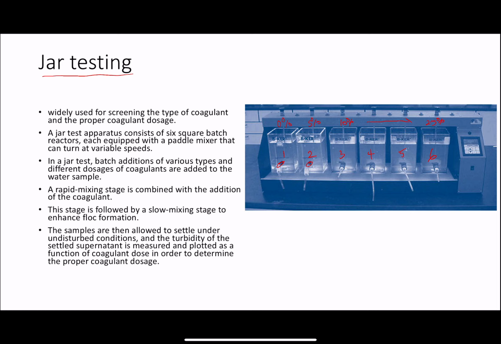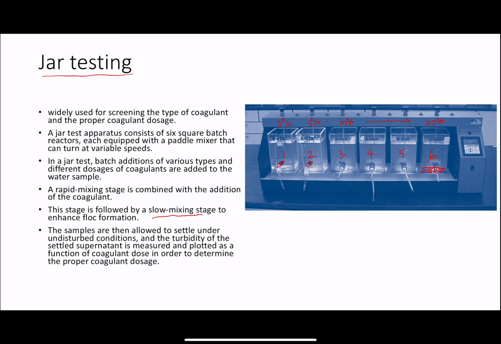Once you add these different concentrations of coagulant, a rapid mix is combined with the addition of the coagulant to mix the coagulant with the water. After this, you'll have a slow mixing stage to enhance floc formation. And then at the end, everything will be stopped, so the flocs will settle to the bottom of the tank. You can see that settling at the bottom of the tank.